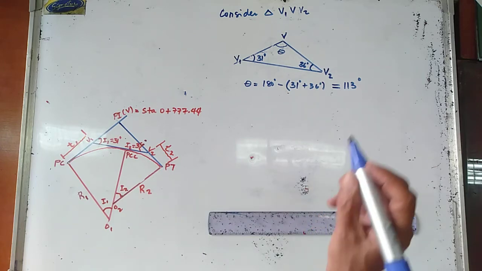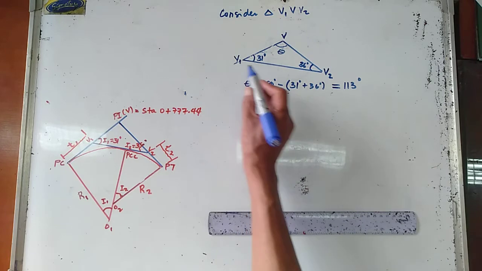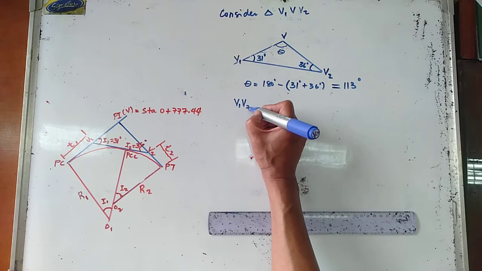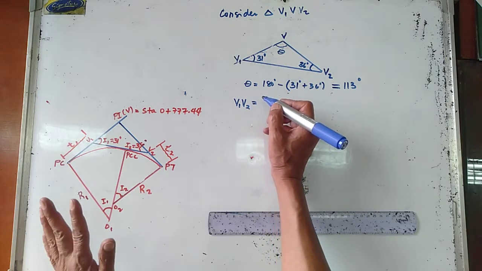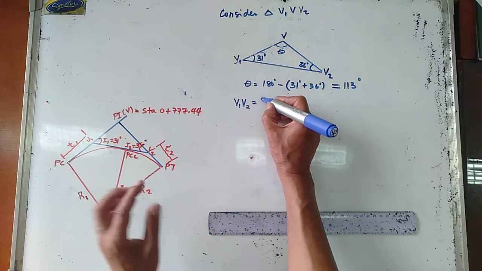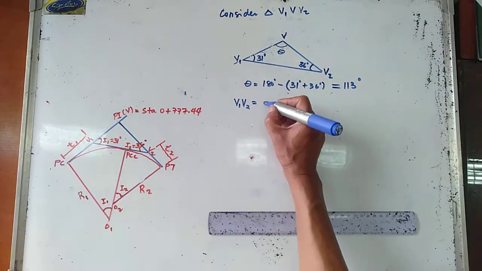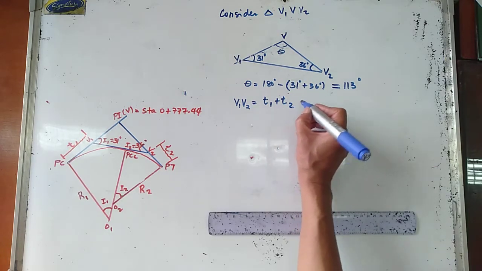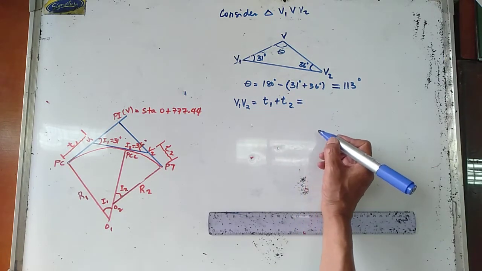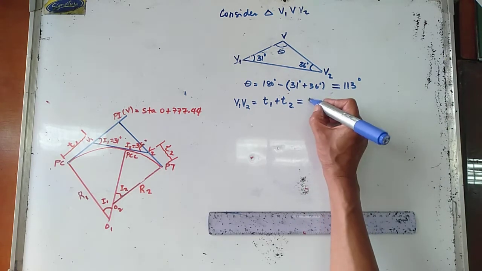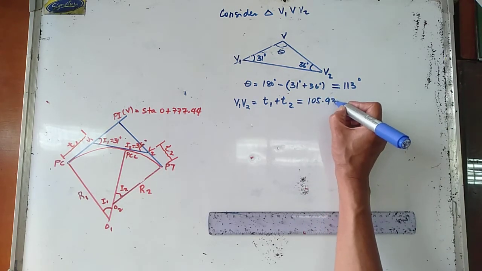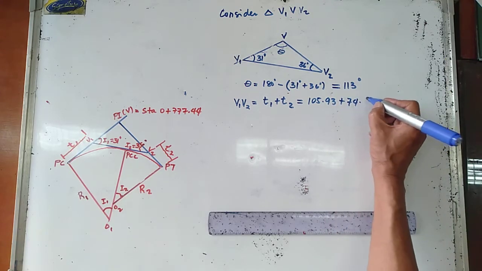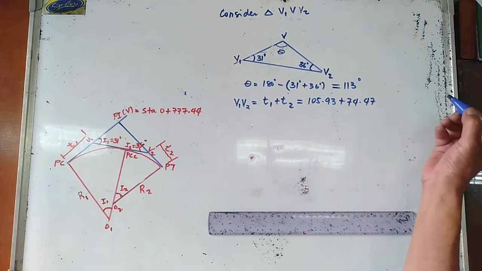So, let us try to consider now the distance V1 to V2. Your V1V2, or the length of the common tangent as we had before, is now your T1 plus T2. That is T1 plus T sub 2. This is therefore equal to, your T1 is 105.93 meters plus your T2 is 74.47 meters.